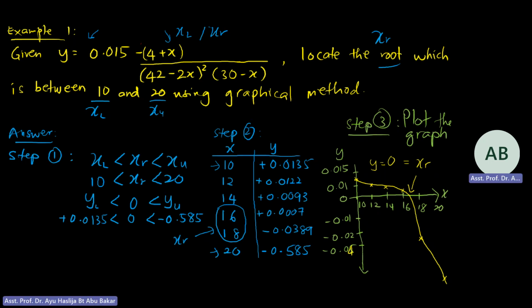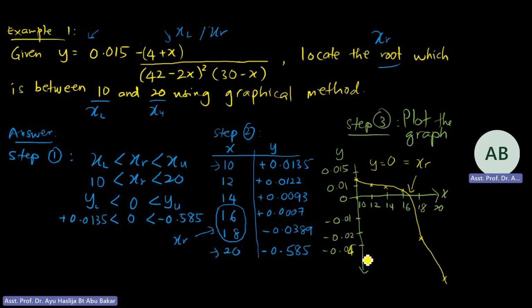So what do you think the XR value over here? 17. 16.8. Max will be 17. So from this freehand, I would say 17 over here. So lesser than 17.